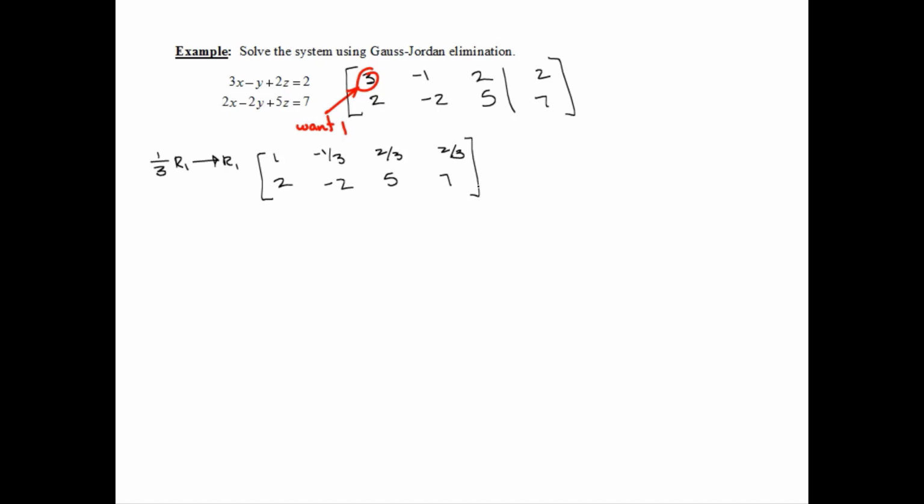Like this. And now we need to get a 0 right here. And we will do that in the usual way. We take its opposite, so -2 times the row with the leading 1 plus this row, and then back into this row. And so my first row stays unchanged.